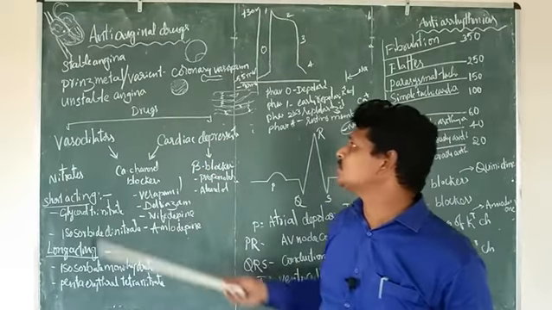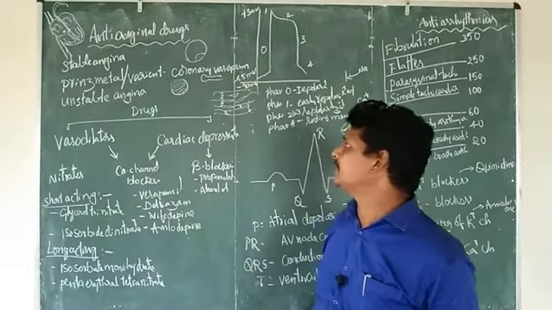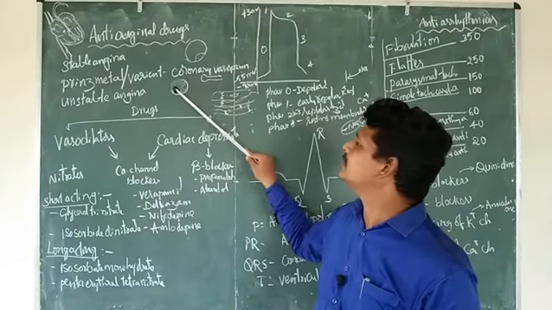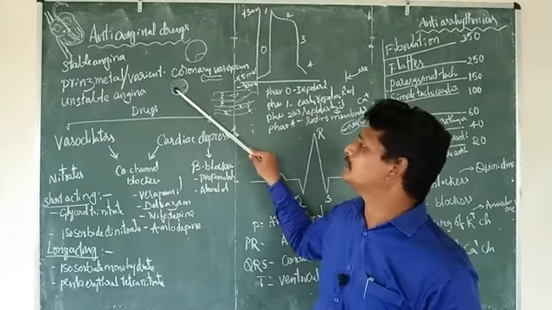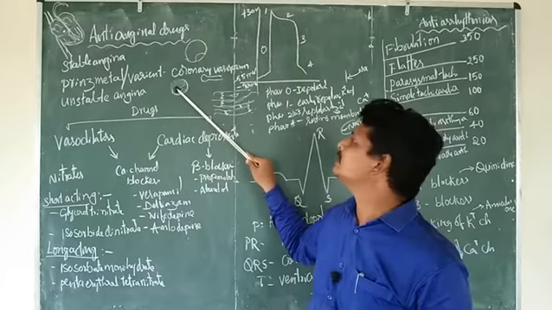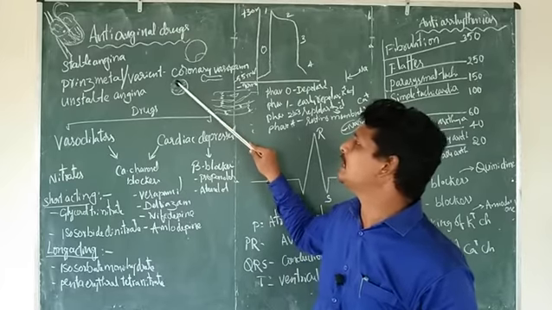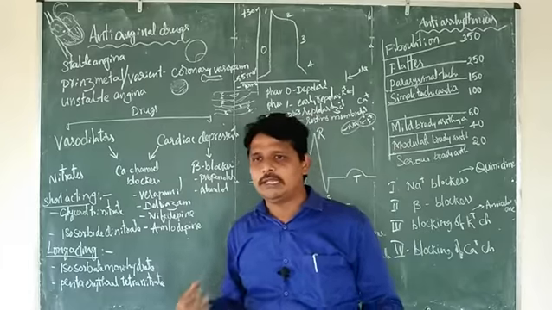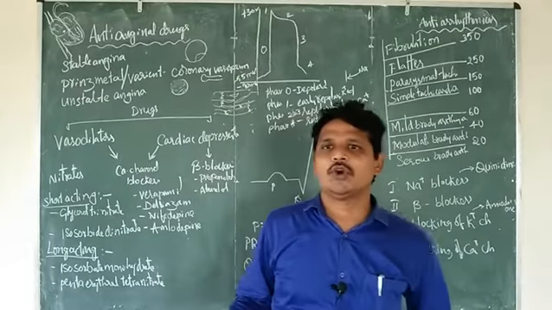Next is unstable angina. Here more than 50% of the blood vessel is filled with cholesterol or thrombi, resulting in very little oxygenated blood being supplied to that tissue. In this case, the individual cannot do his normal functions.